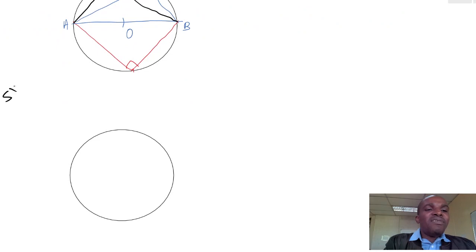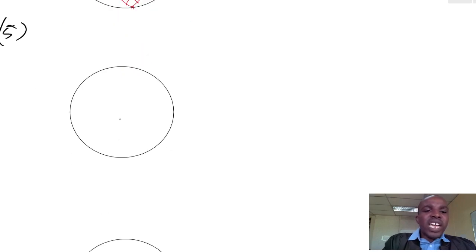Then theorem number 5. If I draw a radius and another radius on a circle, then this radius and this radius are actually the same.